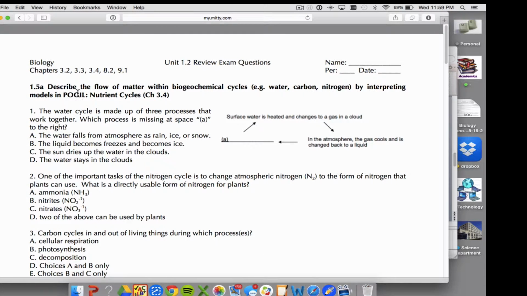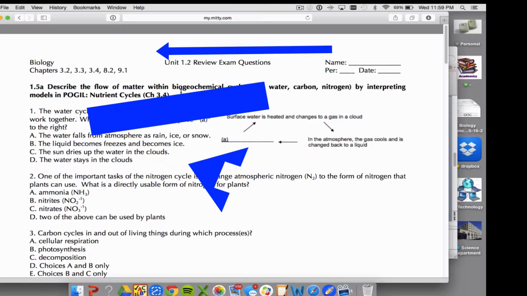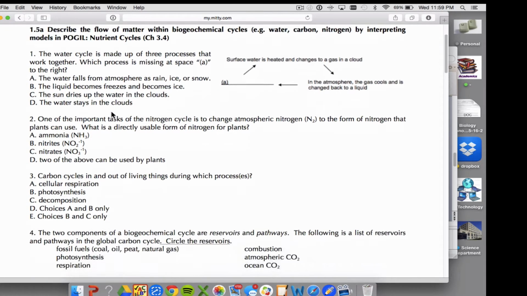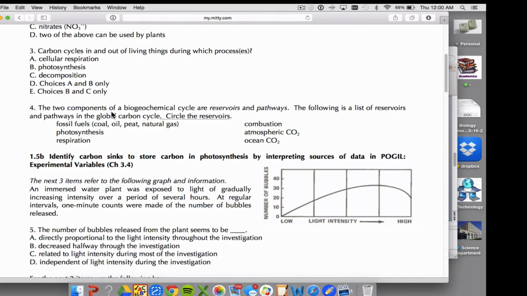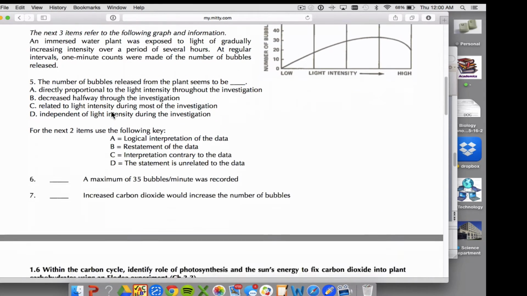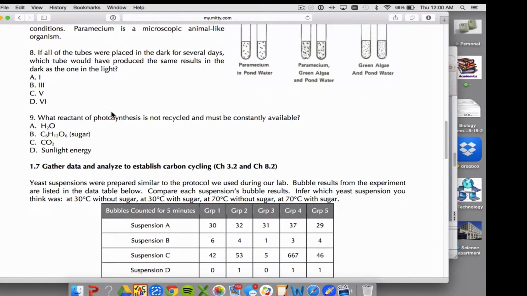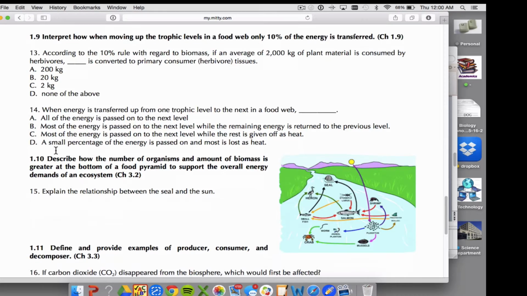1.5 says students should be able to describe the flow of matter within biogeochemical cycles, the water cycle, the carbon cycle, the nitrogen cycle, by interpreting models in POGIL. And here you see your series of questions. I would like you to work your way through the questions using whatever material you have at hand and mark what you believe to be the correct answer directly on your Notability page.